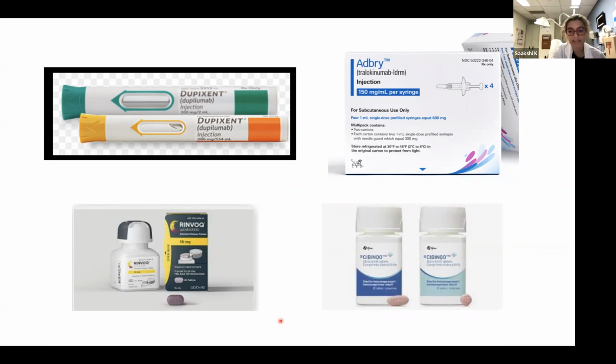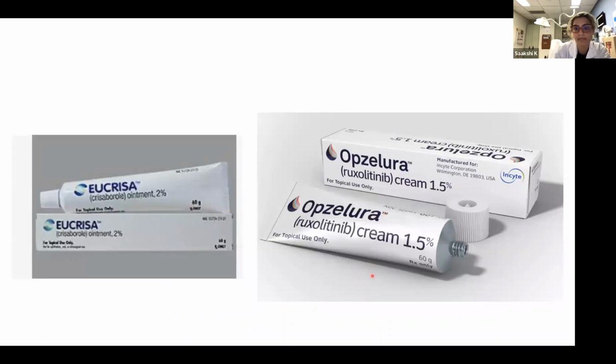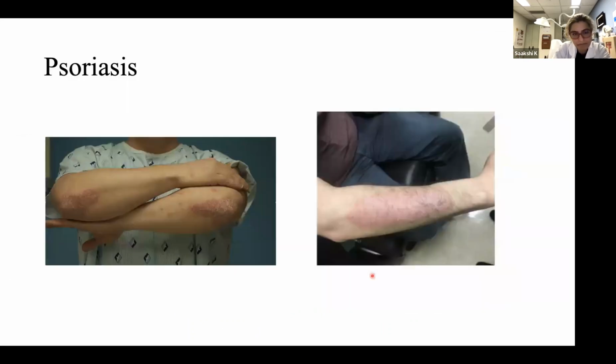And the data for that came from tofacitinib, which is a different JAK molecule, which is not approved for atopic dermatitis, because once it was approved for rheumatoid arthritis, the FDA asked Pfizer, the company that makes tofacitinib, to do a phase 4, open label safety study looking at whether there was an increased signal for cardiac disease and malignancy, which that open label long-term extension showed that there was. So that's why there's a package insert with that black box warning. That's for all JAK inhibitors, including the topical one that I showed you. So even Opzelura has that package insert for cardiac disease and malignancy.